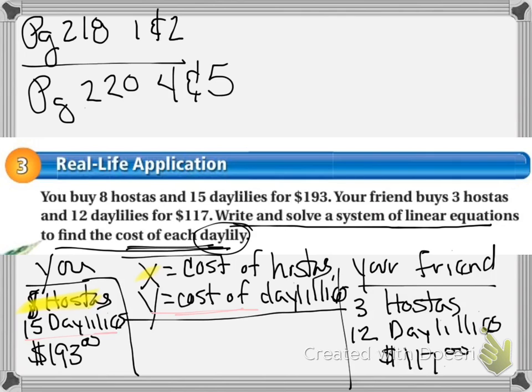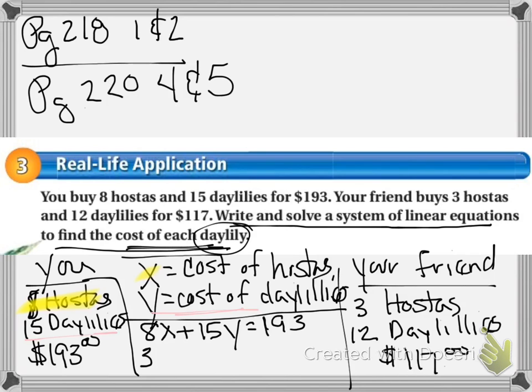So I think it's pretty clear that we're going to do the number of plants times its cost, which is x, because we don't know that, plus 15 daylilies times its cost. We don't know that either, but we know it adds up to $193 for your purchase. But your friend now has 8 hostas.